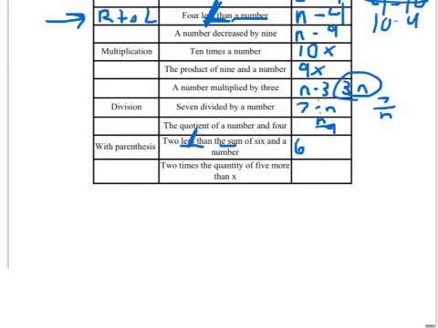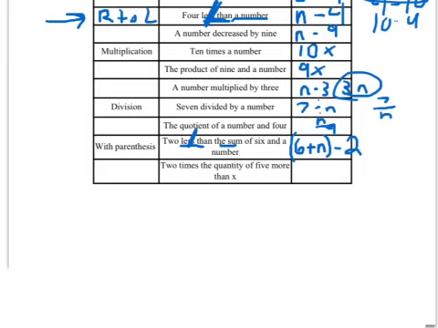So the sum of 6 and a number. I'm going to put that in parentheses because those two things have to be grouped together. 6 plus n have to go together because it's the sum of those things. And it says 2 less than that. So minus 2. 6 plus n, so the sum of 6 and a number, minus 2.